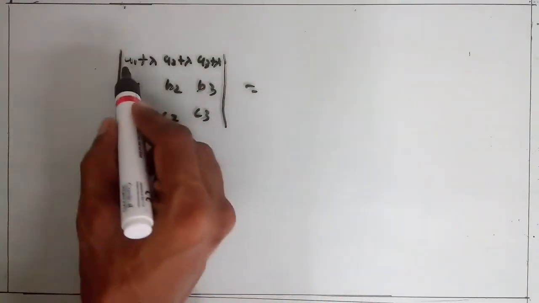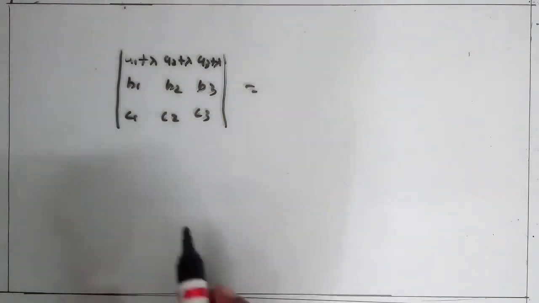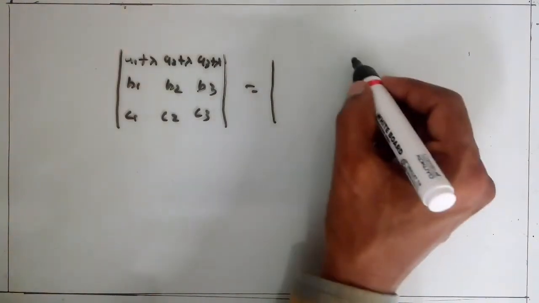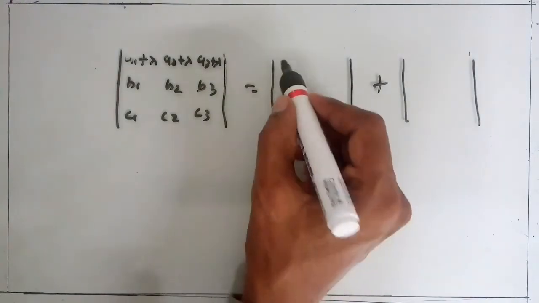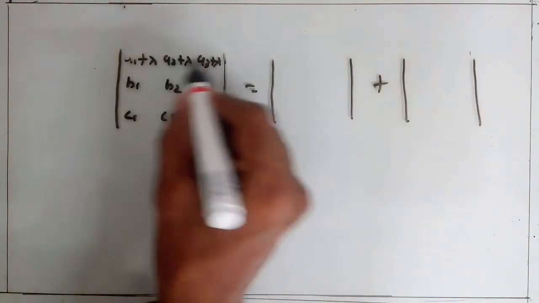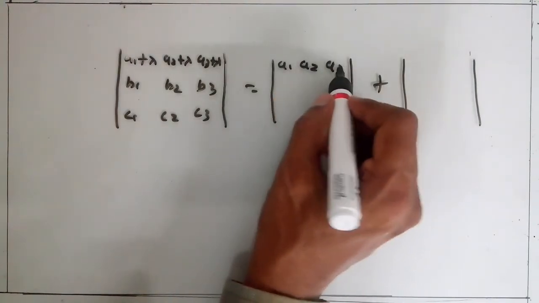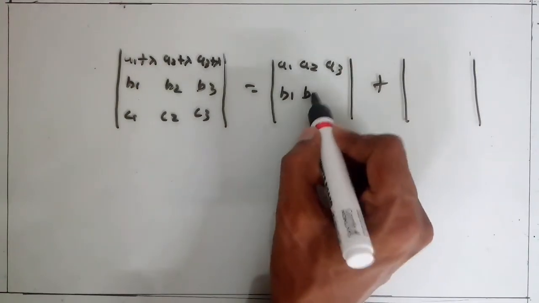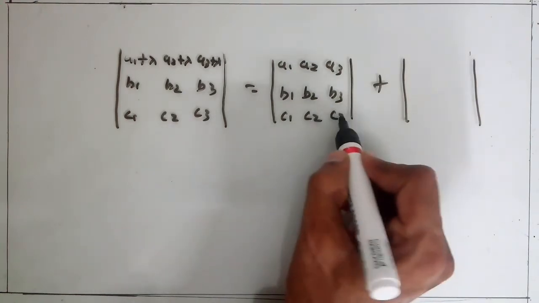Here each entry of the first row is given as a sum of two terms. So we change this determinant into a sum of two determinants. In the first determinant, we write the first entries of this sum, a1, a2, a3, and write the remaining two rows the same, b1, b2, b3, c1, c2, c3.